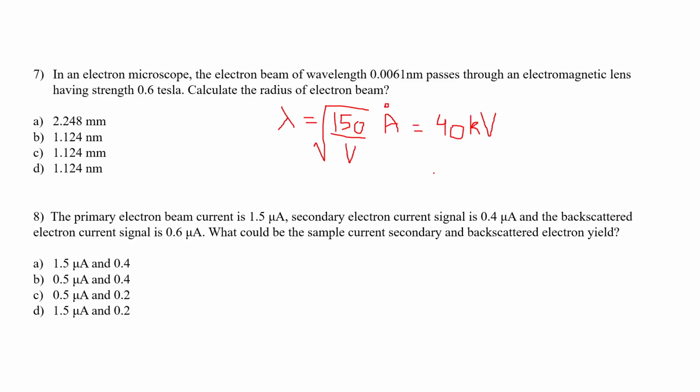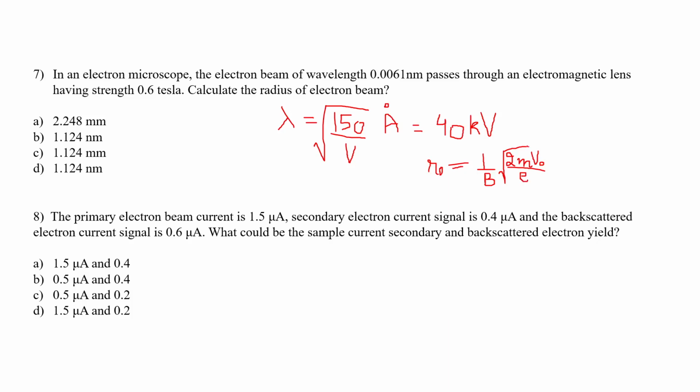And we know that the radius of the electron beam R naught will be given by 1 by B, the magnetic field, which is given in Tesla, into under root of 2 m V naught divided by e.